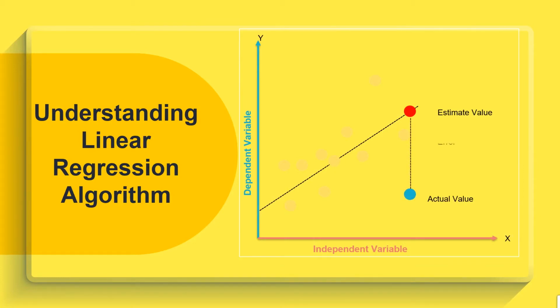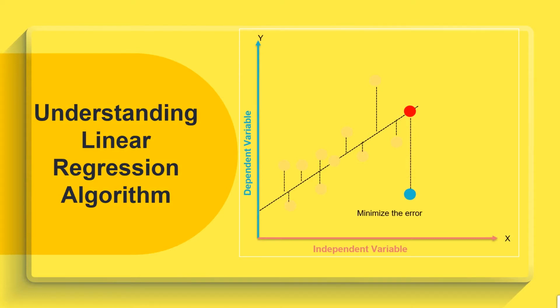So what do we have to do? Our main goal is to reduce this error, that is, to reduce the distance between the estimated or the predicted value and the actual value. The best fit line would be the one which has the least error or the least difference in estimated value and the actual value. In other words, we have to minimize the error.